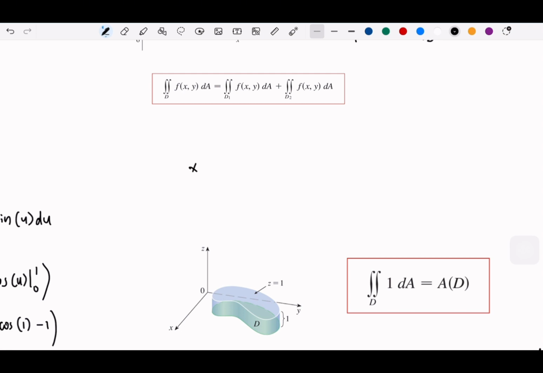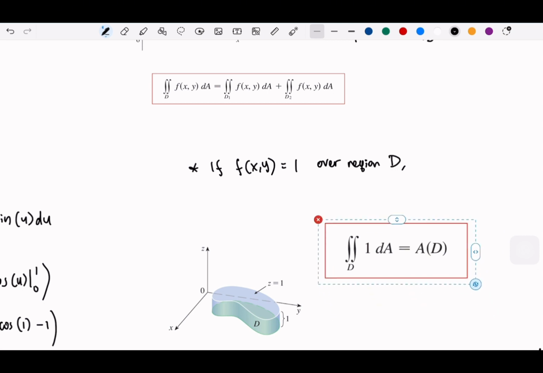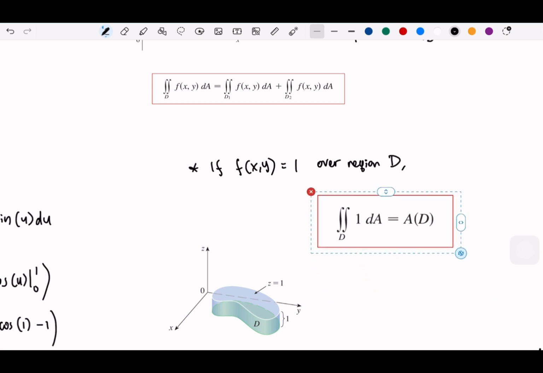The other important property is if the function of the surface is just 1 over region D. So we get the area of D, which is the double integration of that 1 dA, which is actually the area.